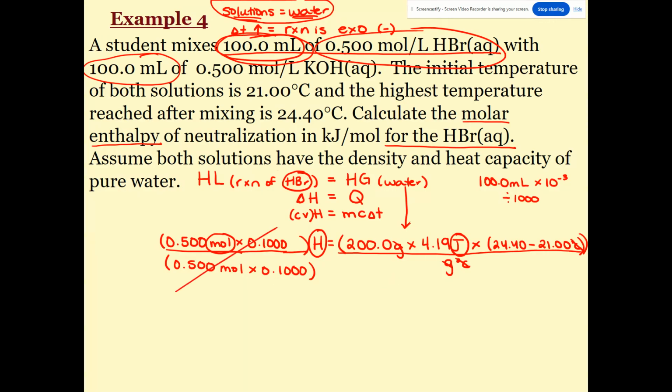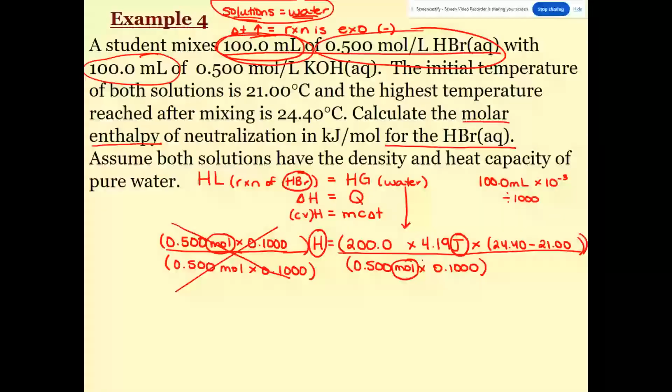So that cancels there and becomes divided over here, 0.500 moles times, I'm running out of space. I'm going to erase these units now because they all canceled. You don't have to erase units, but I'm just doing that to make some space. 0.100 liters was what that other number was, but those liters canceled. So I'm now left with joules per mole after I complete my calculation solving for H.